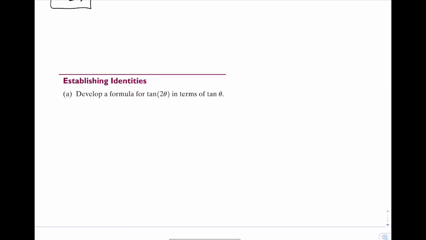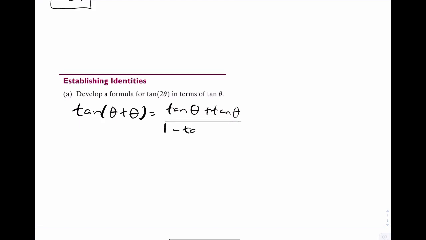Before that, it says establishing identities is figure out tan 2 theta. So over here, let's just write this tan theta plus theta. So let's write out tan theta plus tan theta, all divided by 1 minus tan theta times tan theta.